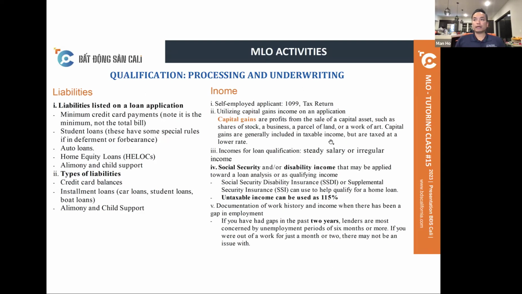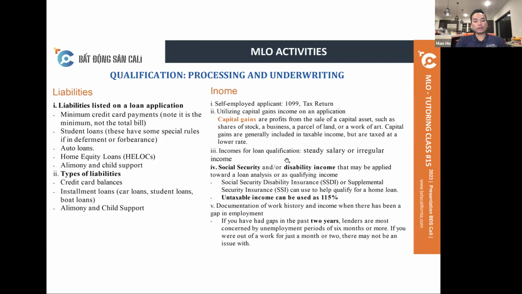You get the capital gain, you have to pay tax on it, but it is taxed at a lower rate, usually between 15 and 20%, depending on your tax bracket. For the youngsters there, what's the tax bracket? If you make $100,000, you may pay 25% tax. If you make $300,000, you may pay 35% tax. Different levels of income pay different levels of tax, and that's the tax bracket.